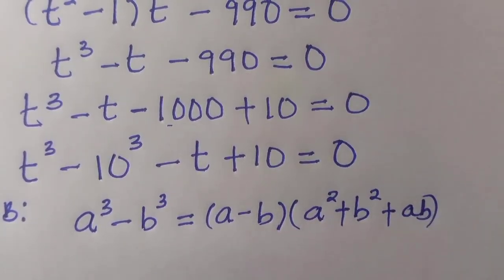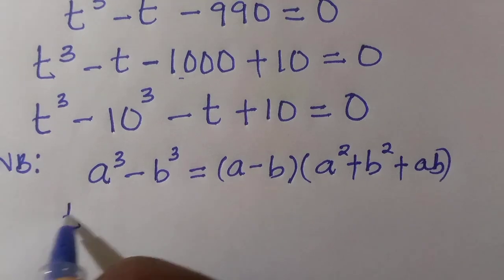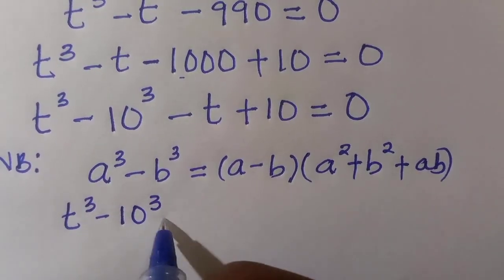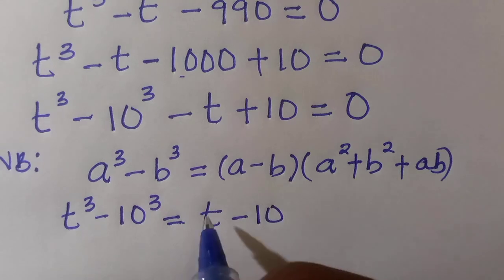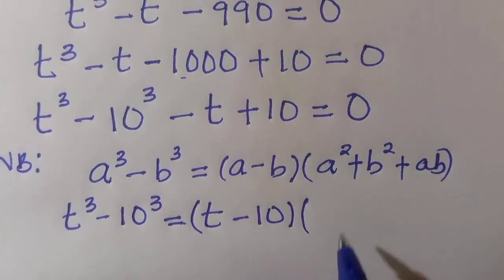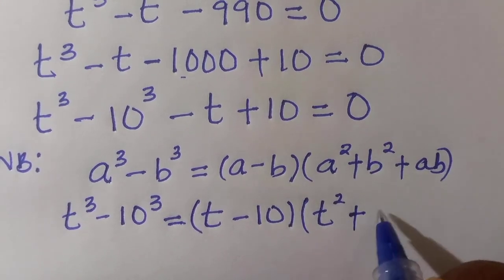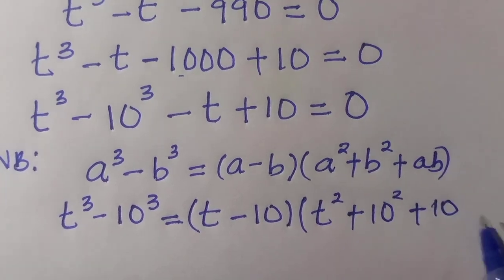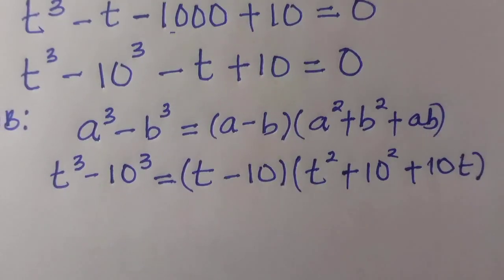And this gives the difference of two cubes. So by applying it to T to the power of 3 minus 10 to the power of 3, this gives T minus 10, open bracket, T to the power of 2 plus 10 to the power of 2 plus 10T, and everything in bracket.